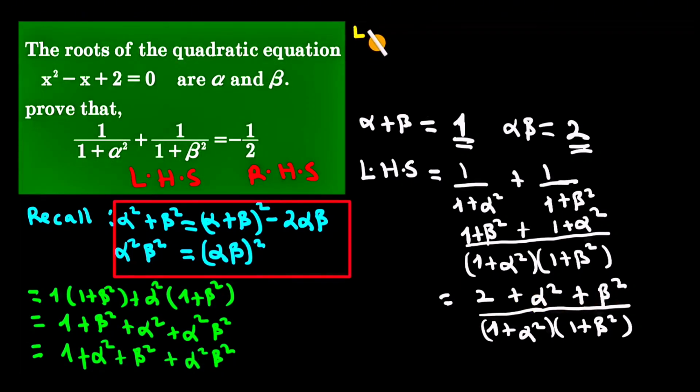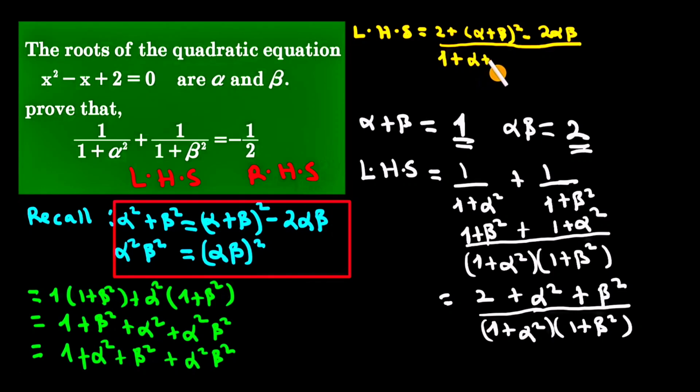That means the left hand side of the equation will be equal to 2 plus alpha squared plus beta squared. You know, alpha squared plus beta squared is equal to this. That is 2 plus alpha plus beta all the squared minus 2 alpha beta, all over this expression, which I expanded to this, 1 plus alpha squared plus beta squared, which is this from this formula.